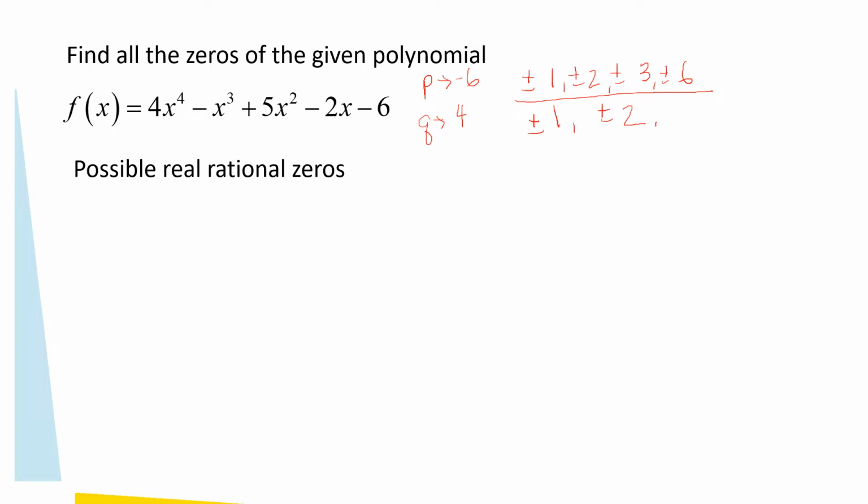Oh, and 4, sorry, forgot that one. So our possible rational roots are going to be plus or minus 1, 1/2, 1/4, 2, 3, 3/2, 3/4, and 6.